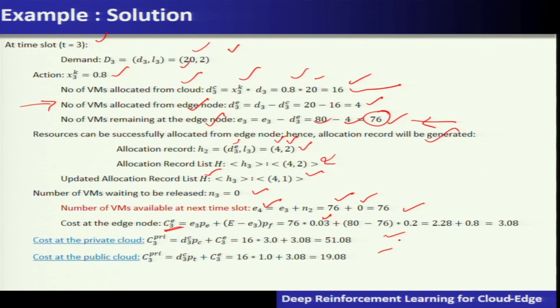Then we saw that the policy action requires the allocation from the edge and what fraction is required from the cloud, and in the cloud, whether it is the public cloud or a private cloud. We have also shown how to calculate the cost and the cost function required to be minimized. That is the objective, which is addressed with the help of deep reinforcement learning for a large discrete and continuous state space.